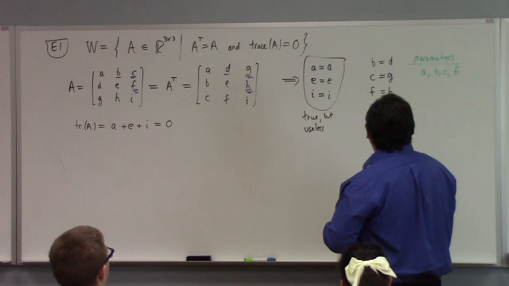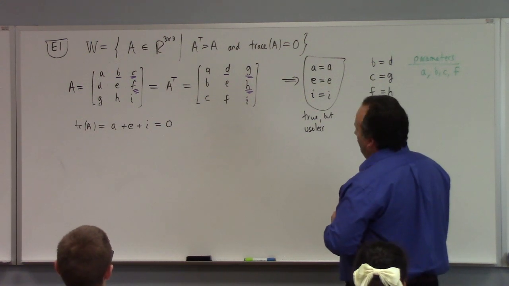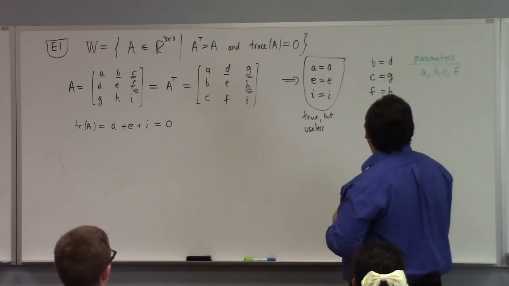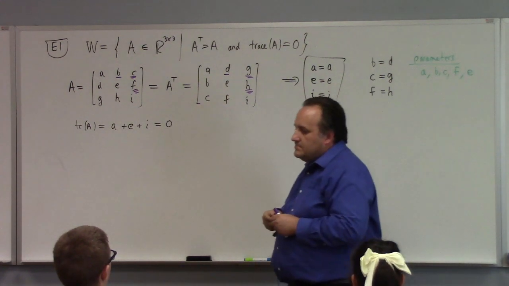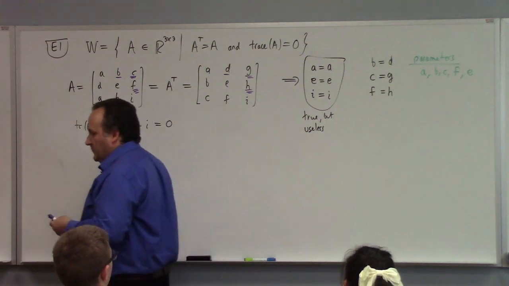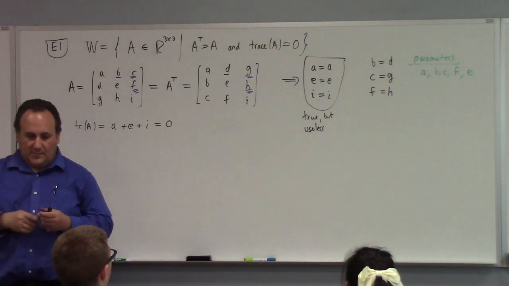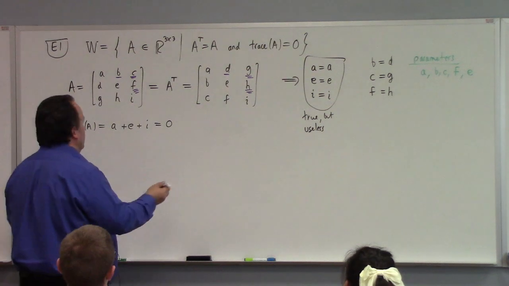And I'll keep E too. So if it's a 5-dimensional space, I'm going to need 5 parameters to describe the space. So, all right, so let me show you how this goes.